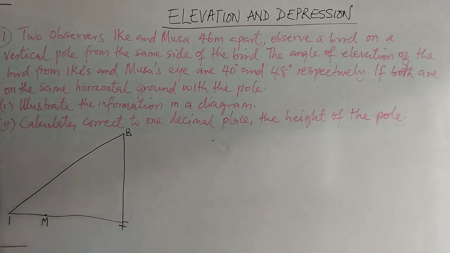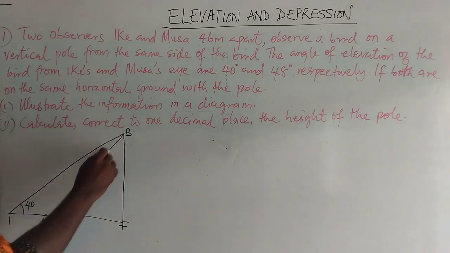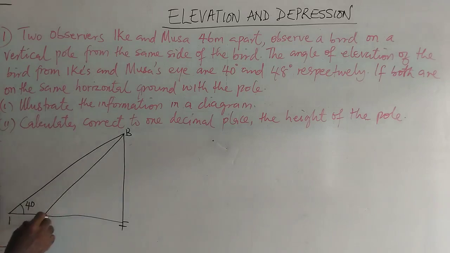The horizontal ground is the normal for both Ike and Musa. So the angle of elevation for Ike is 40 degrees, while that of Musa is 48 degrees. And the question says that both of them are 46 meters apart.